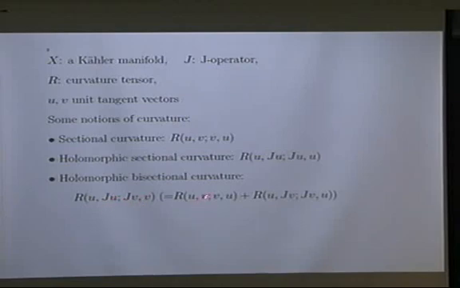But it turns out it's a sum of two sectional curvatures. So in particular, if the sectional curvature is negative, then these two are negative, so this is negative. And holomorphic sectional curvature is the special case where U is equal to V.